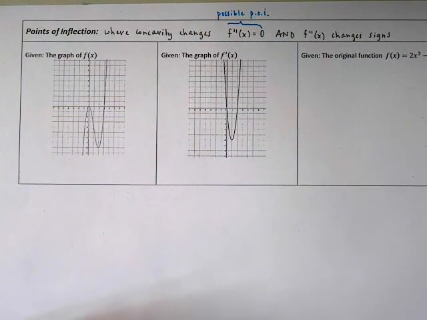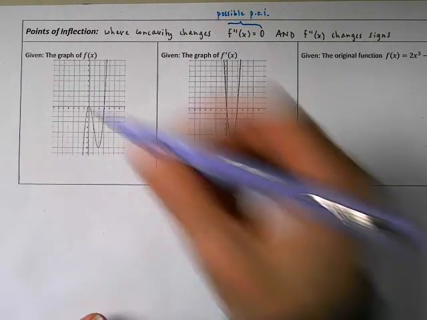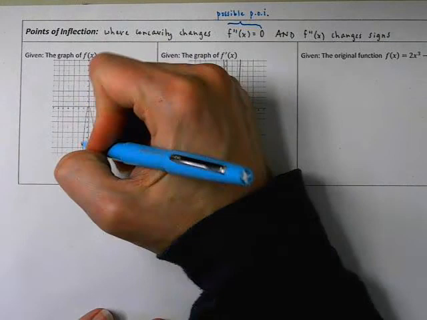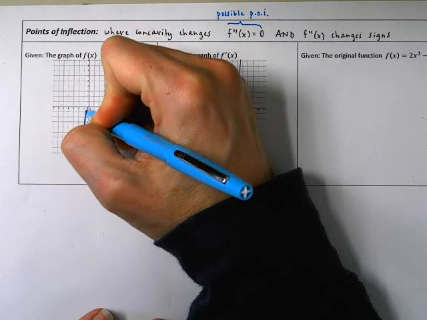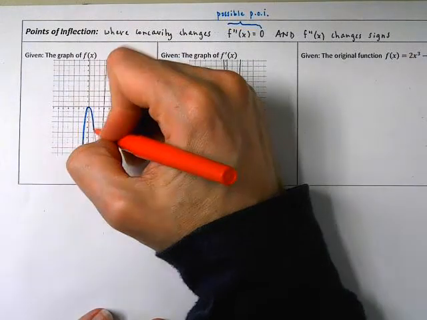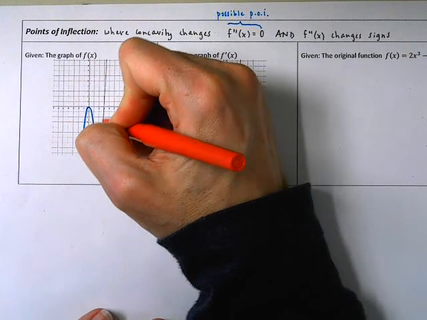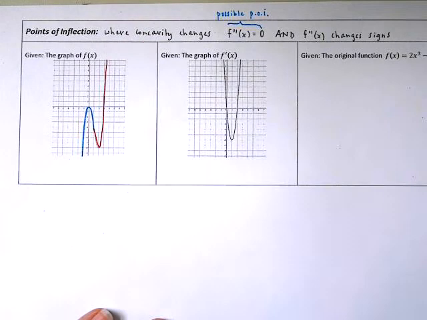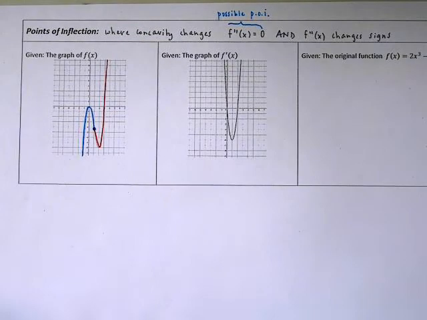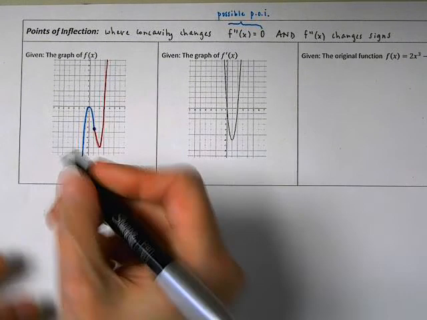So let's go ahead and look here. We said earlier that we were concave down on this interval here, and that we were concave up over this interval. So that tells me here that our point of inflection is that point where it changed.